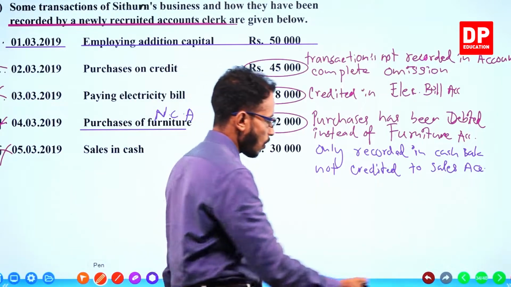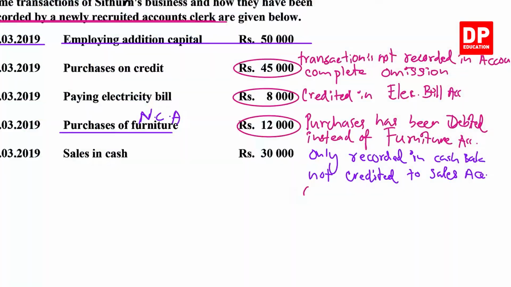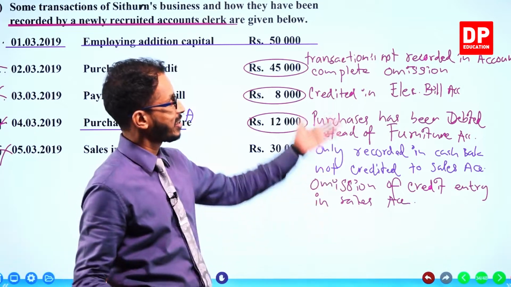Or else you can write omission of one entry. Which entry is missing? Omission of credit entry in sales account. Voila, done.